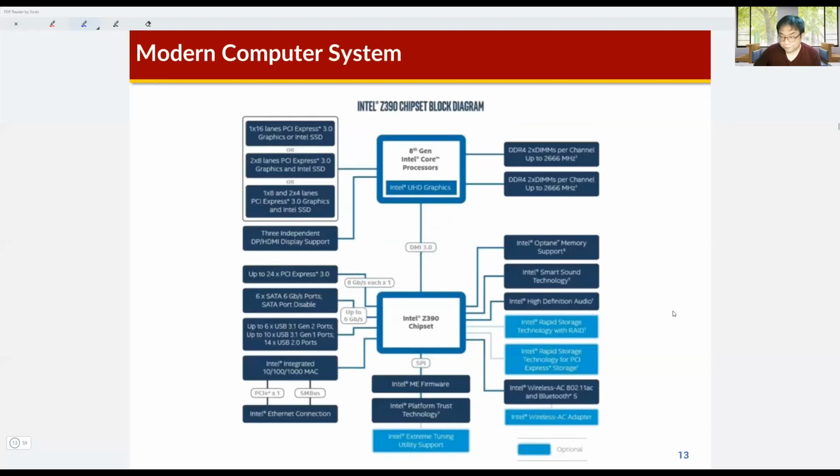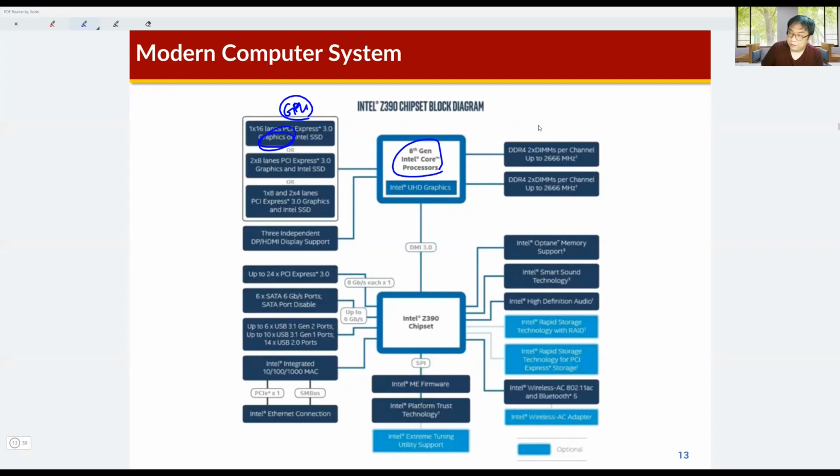And this slide shows the Intel Z390 chipset block diagram. As you can see, this block diagram shows the modern computer system architecture. This is the CPU, and the graphics card, the GPU, is directly connected to the CPU.